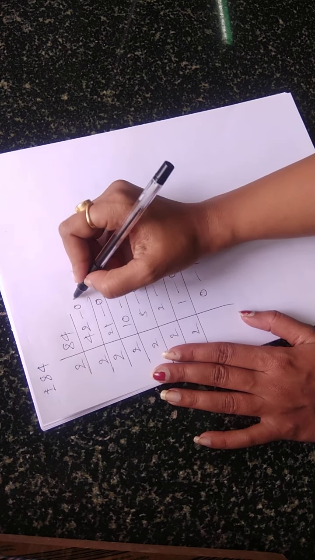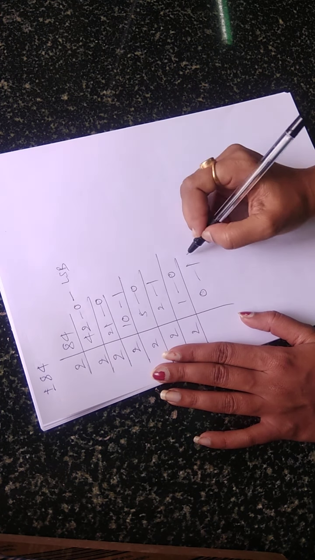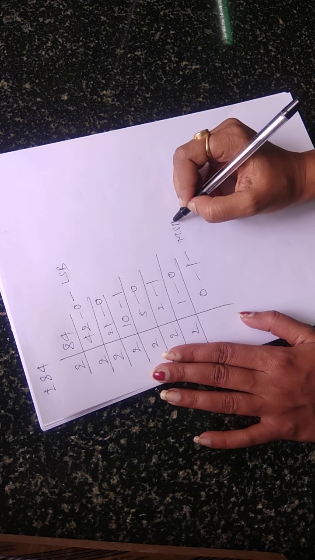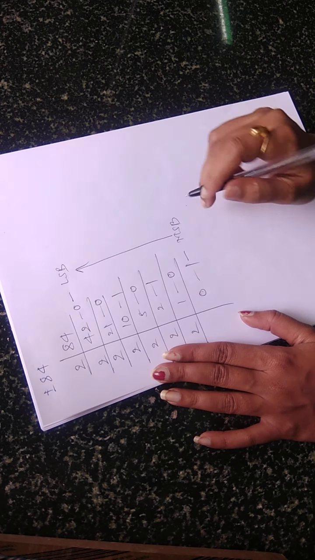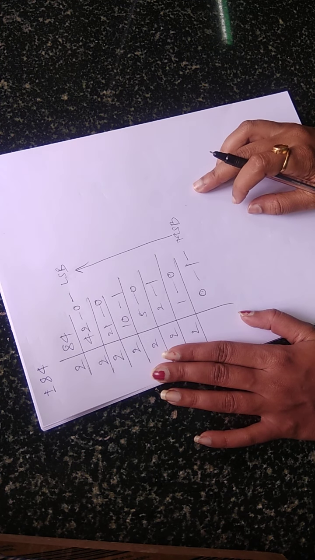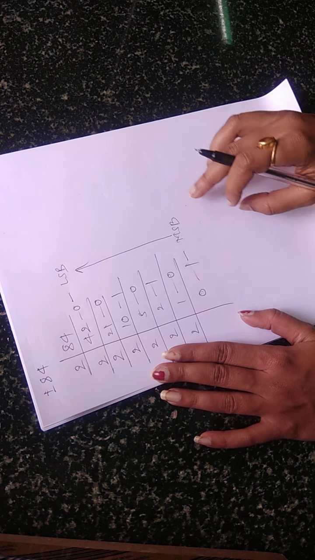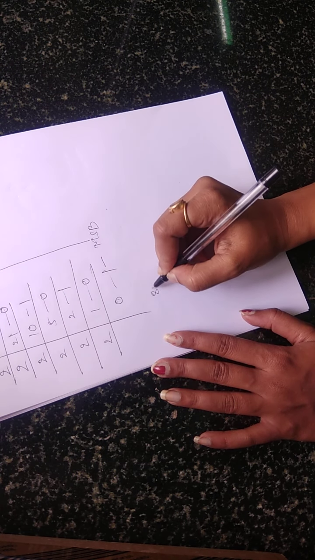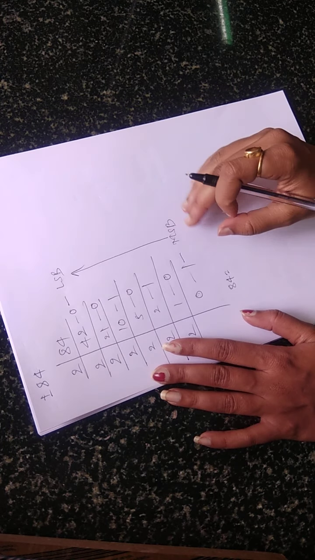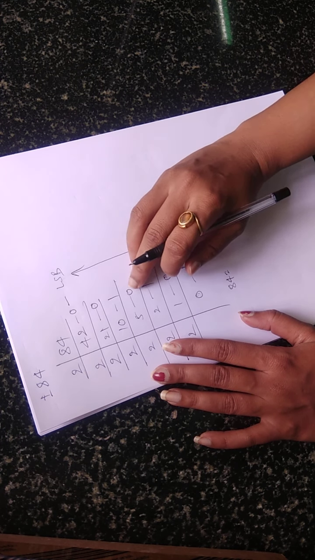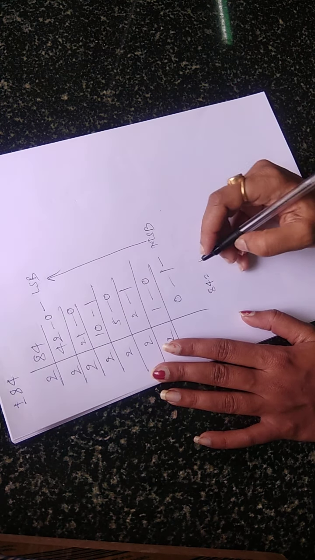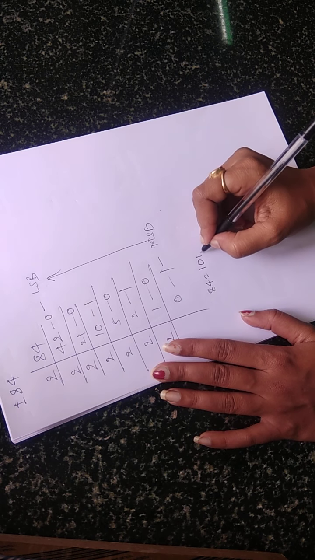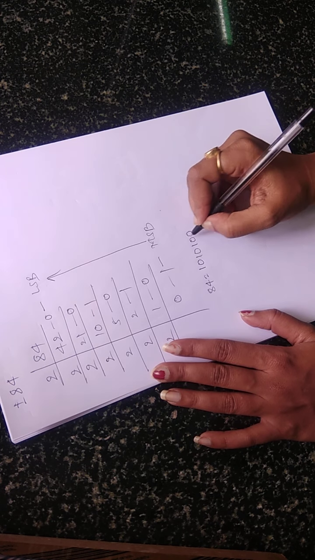Now your first remainder is your LSB. The last remainder is your MSB. The answer should be written from MSB to LSB. Done? Now we'll write the equivalent value of 84. 84 equivalent value is 1010100. So I'll write 1010100.